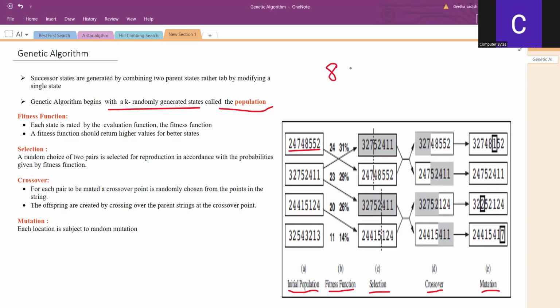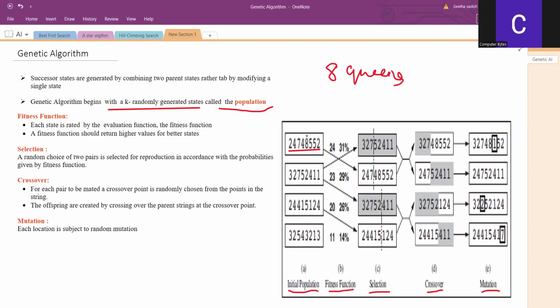You know, the classical AI toy problem, the 8 queens problem: you have to place 8 queens on your 8 x 8 board in such a way that no two queens attack each other. No conflict should be there between two queens. That is the main principle behind the 8 queens problem. Here, the states represent the positions of the 8 queens.